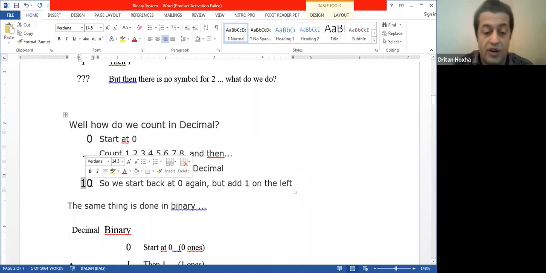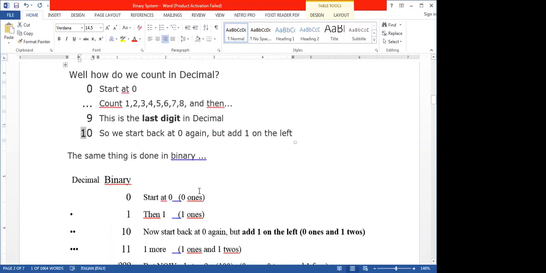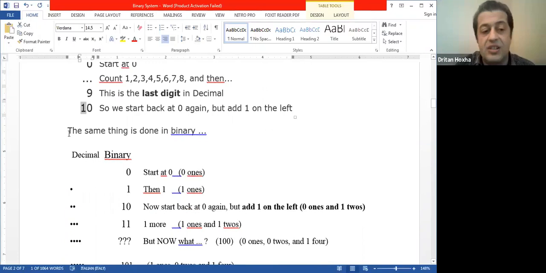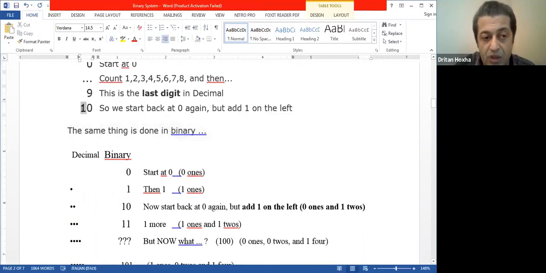So we write 0 units and 1 ten. In the binary system, it is the same thing, but the next position comes not after 9, but after 1, when we want to write 2 and up.